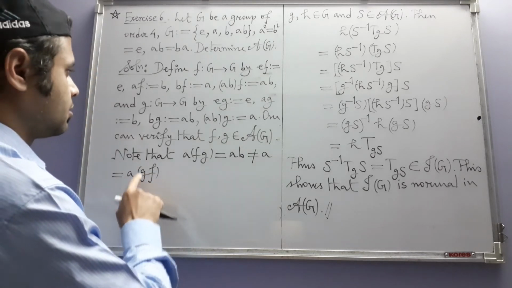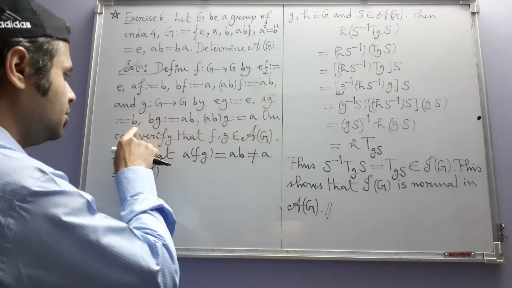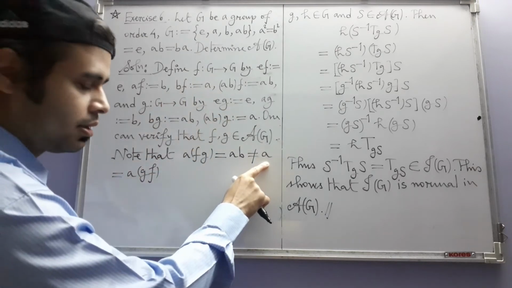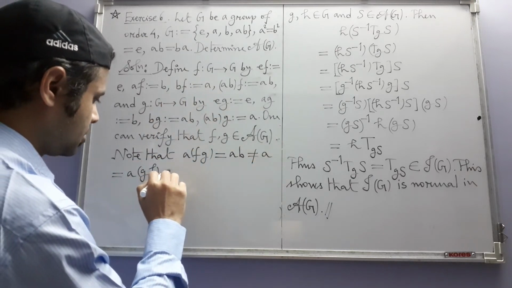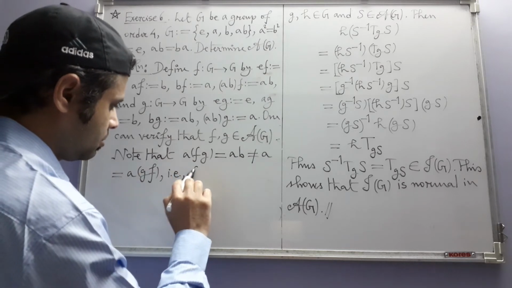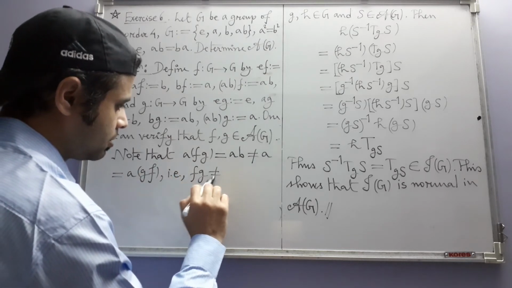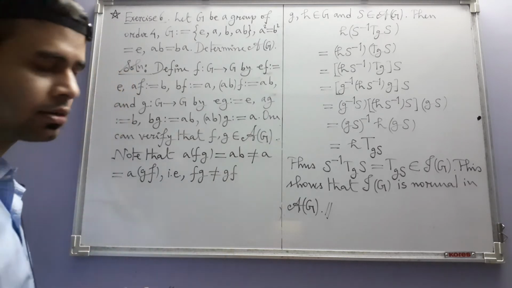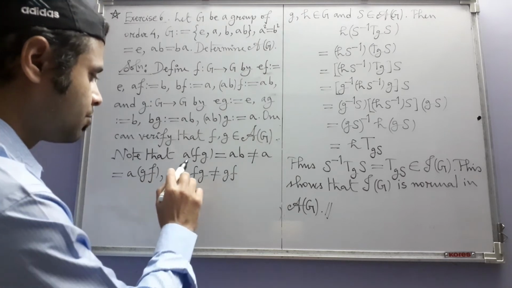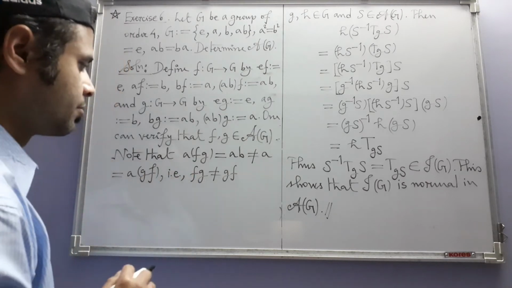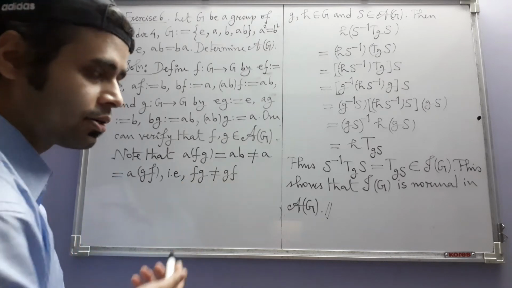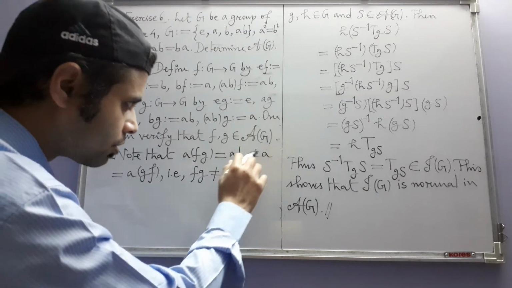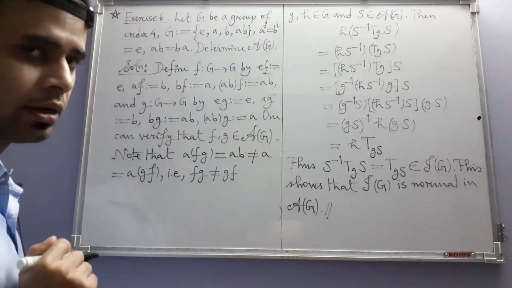AG is what? AG is B, and on B if we apply F, BF is A. So that means this is A. That is, FG is not equal to GF, because the functions FG and GF give us different outputs at the input A. So they are not equal, and since they are automorphisms, this automorphism group is not abelian.